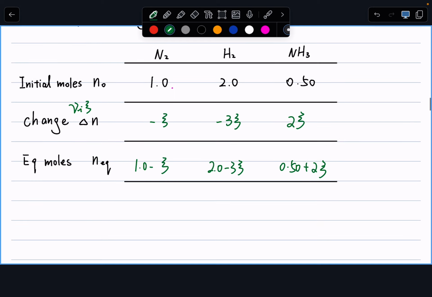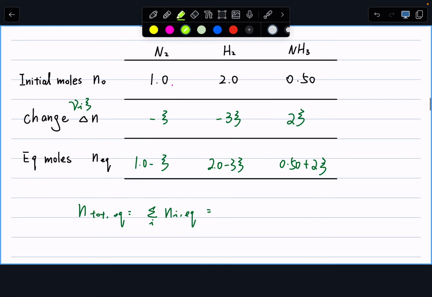Taking it together, we can calculate the total number of moles at equilibrium, which is the sum of all the species at equilibrium. Adding these three together, that becomes 3.5 minus 2C. So that's the total number of moles. Since we're talking about an ideal gas mixture, we have one more step to simplify this problem.